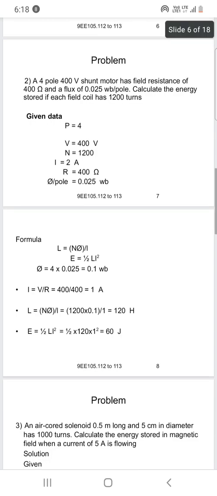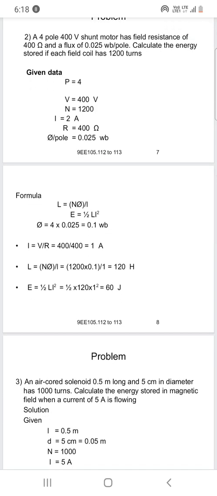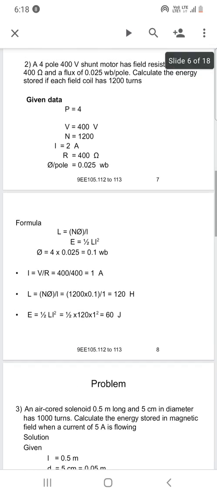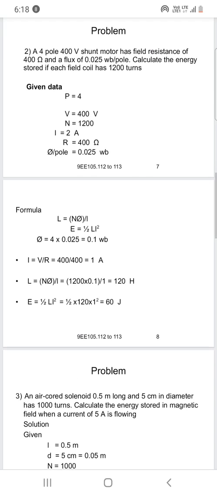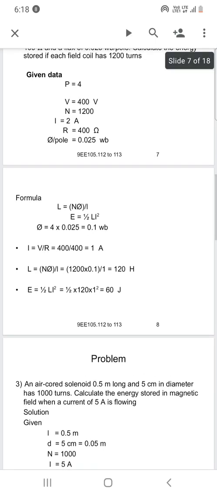Then the formula for the relation between the inductance, the number of turns and the flux is L equals N into phi by I, and the energy stored in the magnetic field is E equal to half L I square.